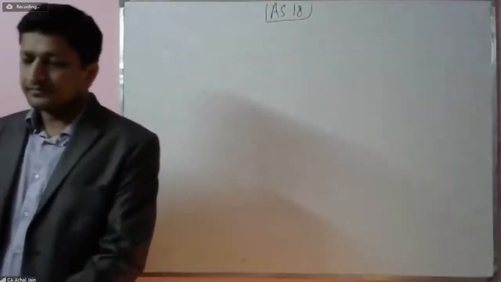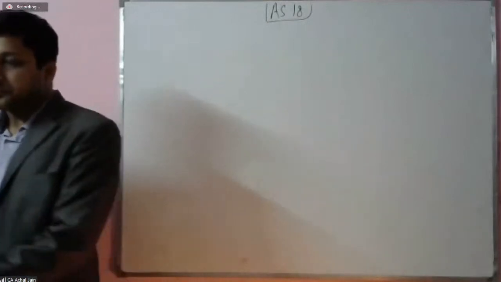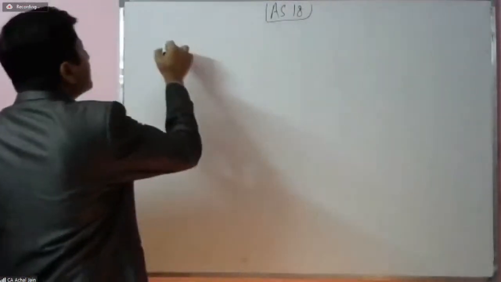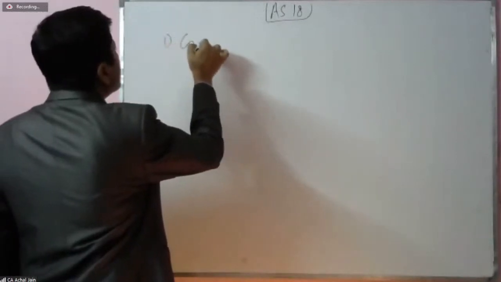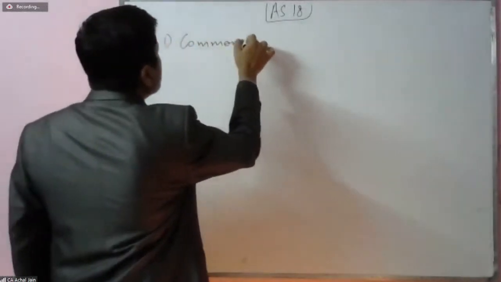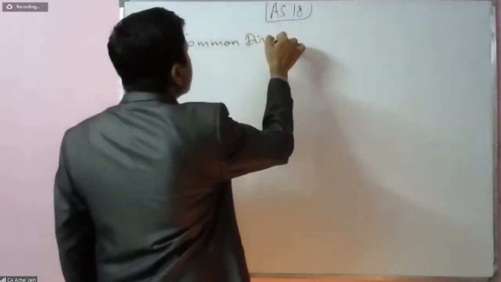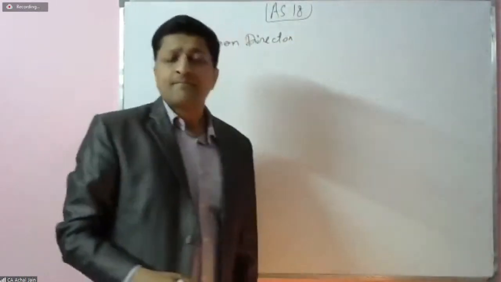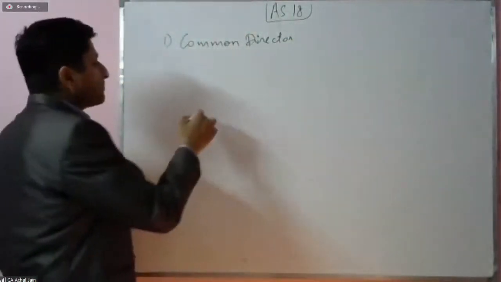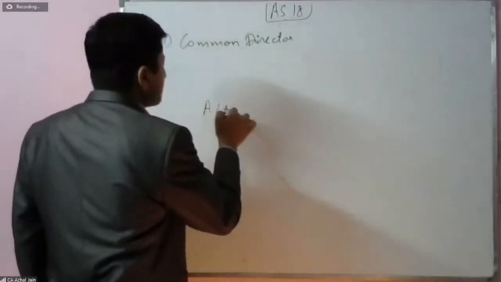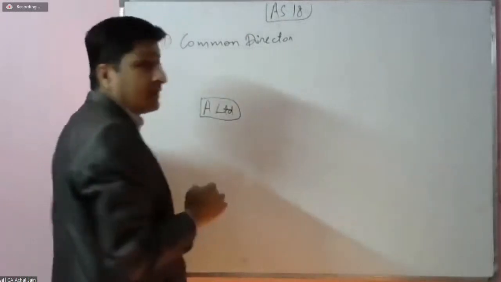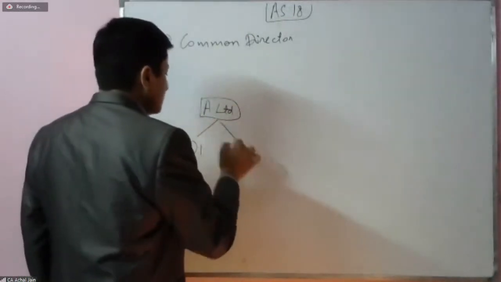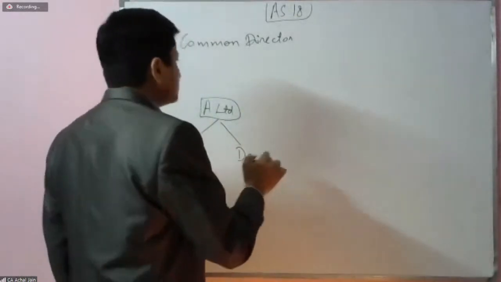So the first one, common director. Say for example, there is a company A Limited which has got 2 directors, D1, D2.